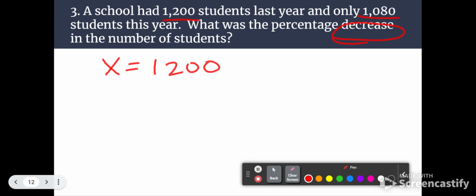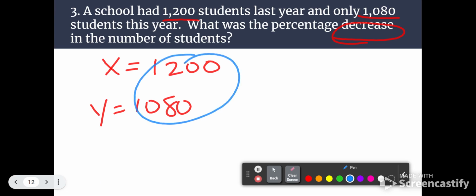We know the end result. There are two ways you could do this. You could figure out what the percent was out of the 100 to get your decimal, but we're going to look for how much it has decreased.